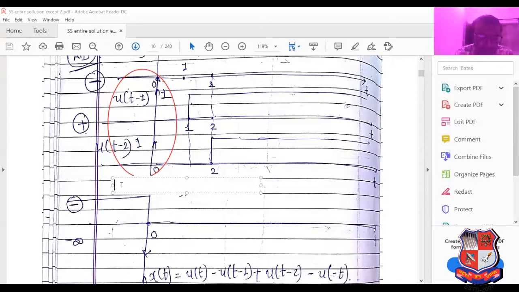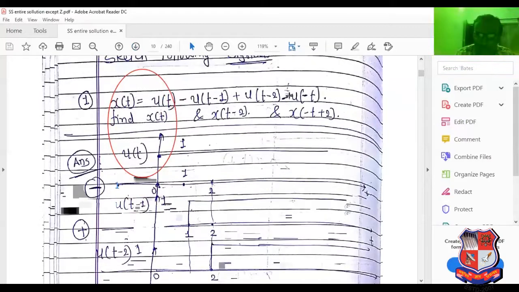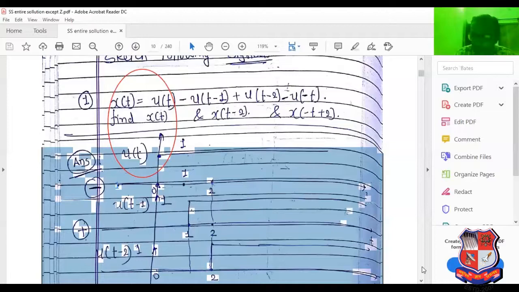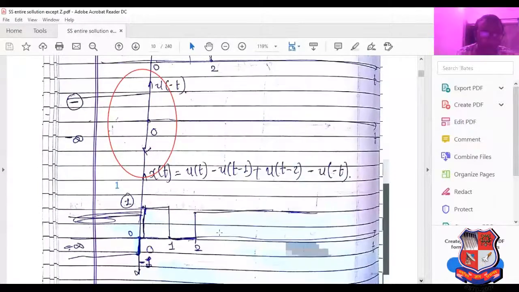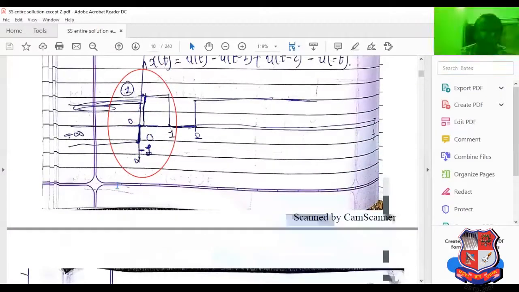But due to the negative sign present on the outer side, it can be considered as minus 1. That's why here, from minus infinity to 0, amplitude is minus 1, and we can get this particular graph. So it is known as the resultant x of t. It is the final answer, resultant x of t.